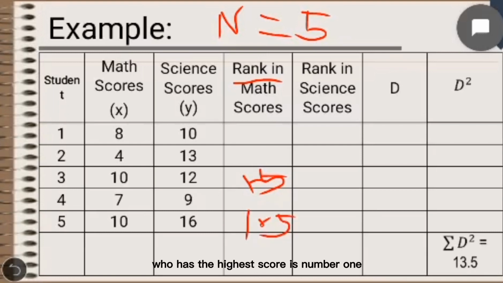Our next student who has the highest score is number 1. Because we have two 1.5s, we will skip rank 2 and go with rank number 3.